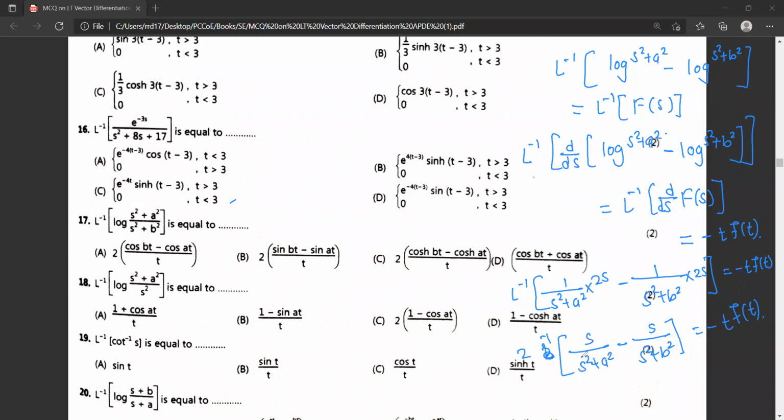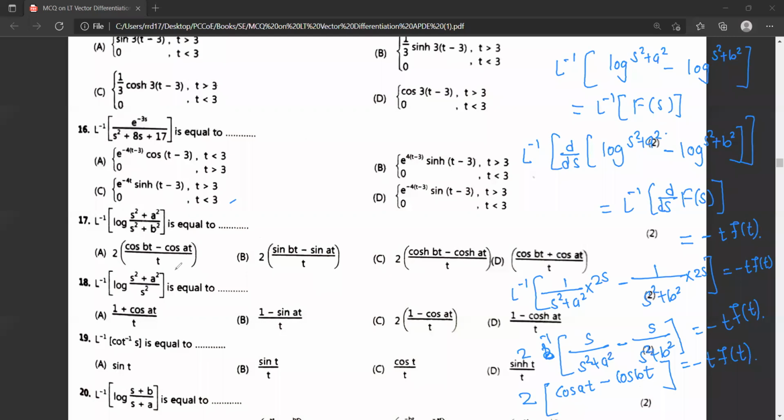Yes, sir. Now this is a standard formula. What is the standard formula for s upon s square plus a square? It is cos at minus cos bt, is equal to minus TFT.